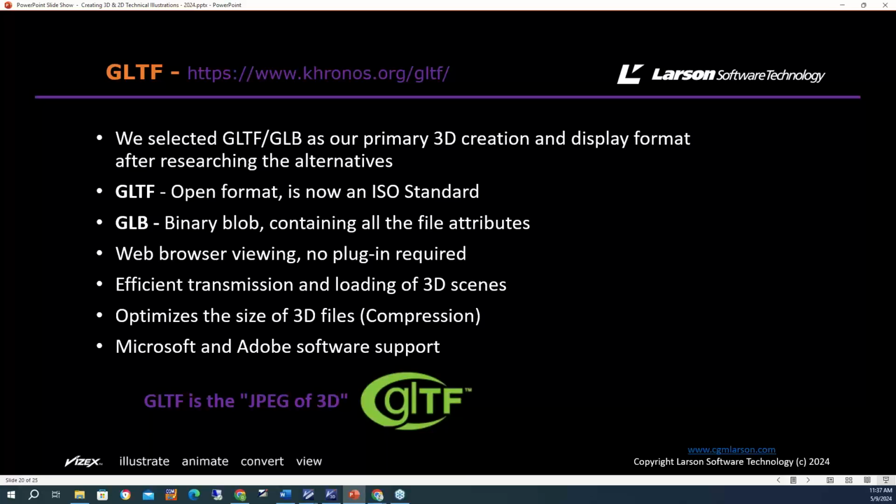So if you want to view these illustrations in a web browser, you don't need a plugin to do that. They're very efficient models, so they're very light. They're not big file sizes, so you can really optimize them by compressing them further. And there's big support for GLTF and GLB from Microsoft and Adobe, etc. So we feel it's a format that's got some tremendous support from industry.